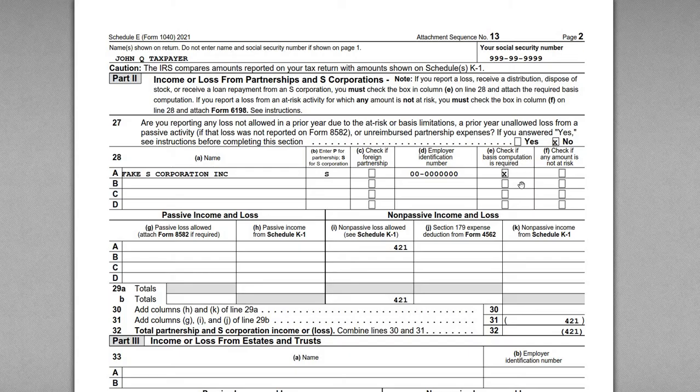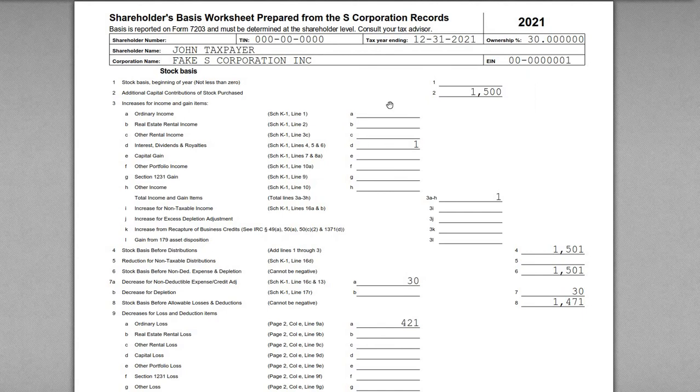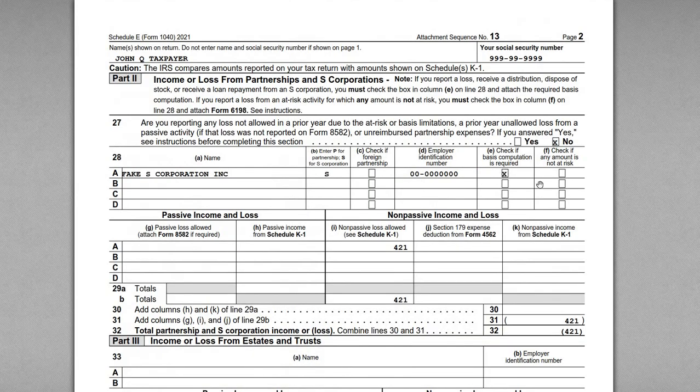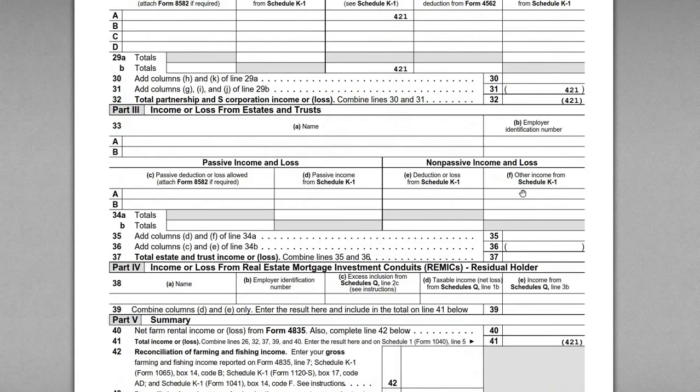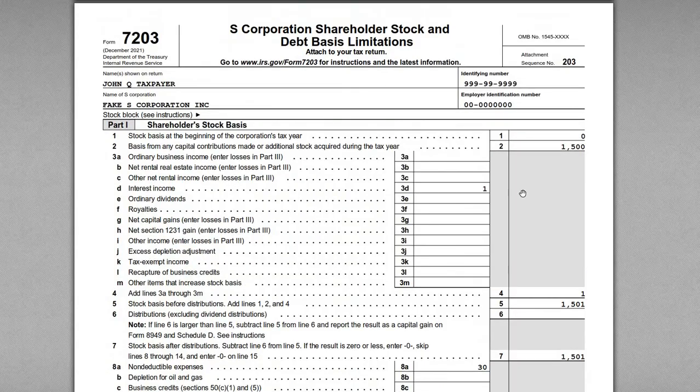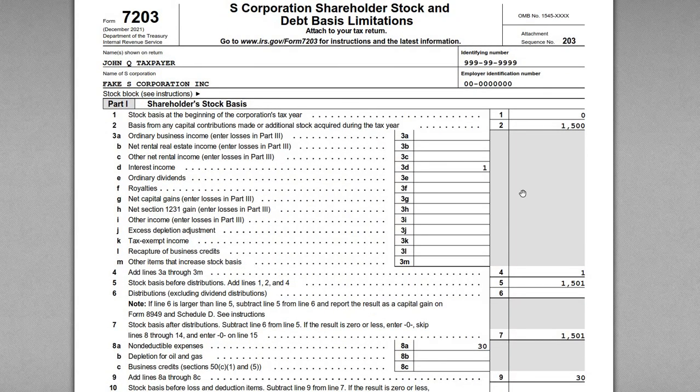But now, instead of just attaching our own worksheet, where traditionally you would PDF print the basis worksheet out of the K1 package and attach it to the return, you're no longer doing that, right? You still have to check this box, but instead of attaching the worksheet, you're just going to complete the 7203, and that's going to be filed along with the Form 1040 tax return.